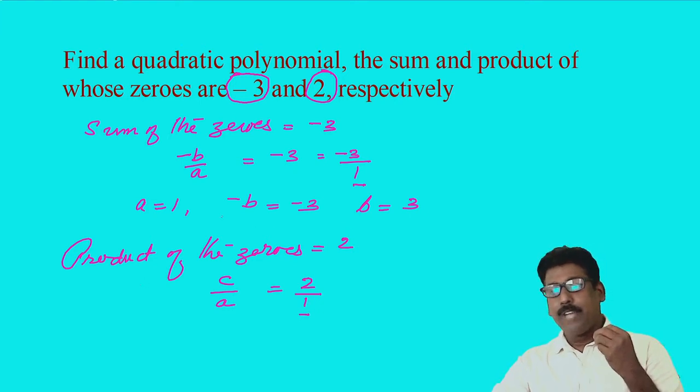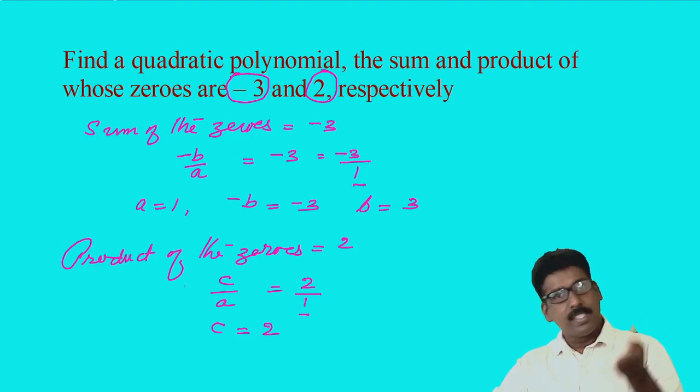So here a you got it as 1, b is equal to 3. Now c by a is equal to 2 by 1, which implies you already know a is equal to 1, therefore c is equal to 2. Now you got a, b and c.